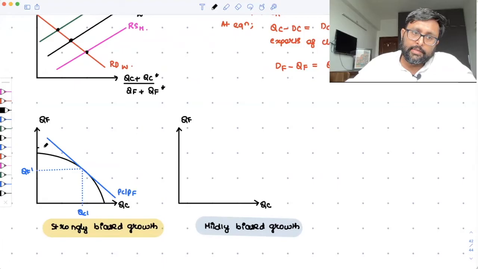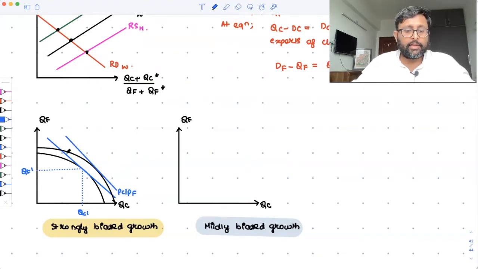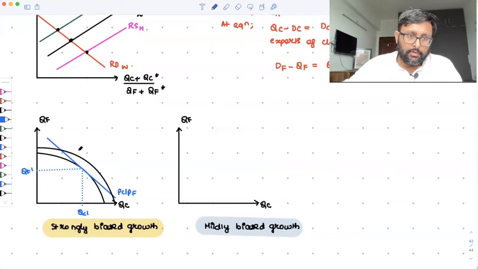Then the other thing is, now supposedly this thing has increased. And of course, what will happen at an unchanged relative price? When I say unchanged relative price, something like this.